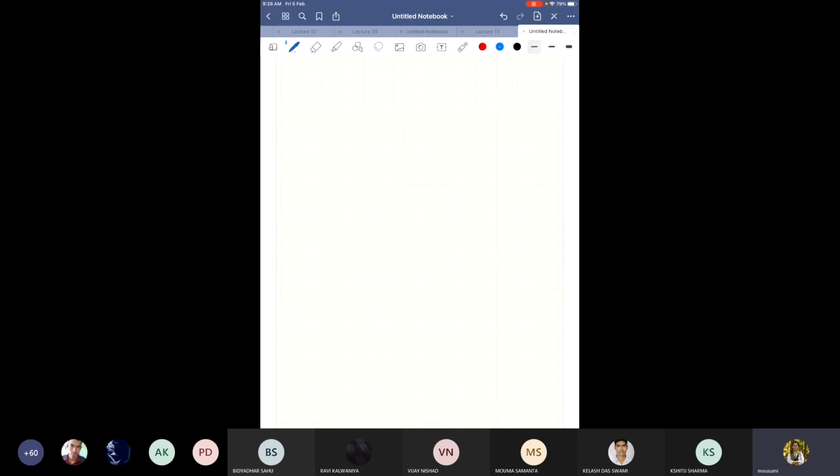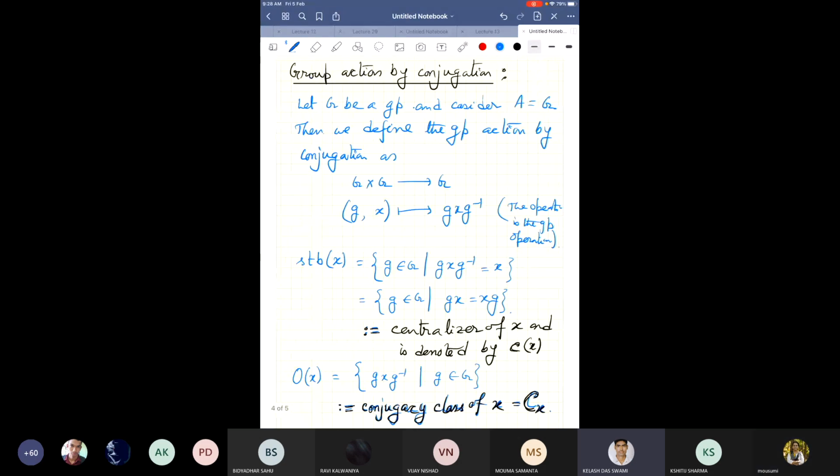A student asks: if we do not define this conjugate group action, then is there any way to say that this is centralizer or this is conjugacy class? No, this is the special name for this group action.